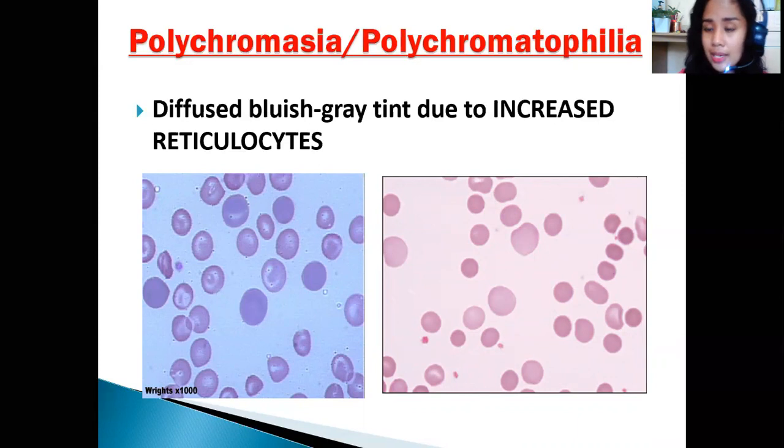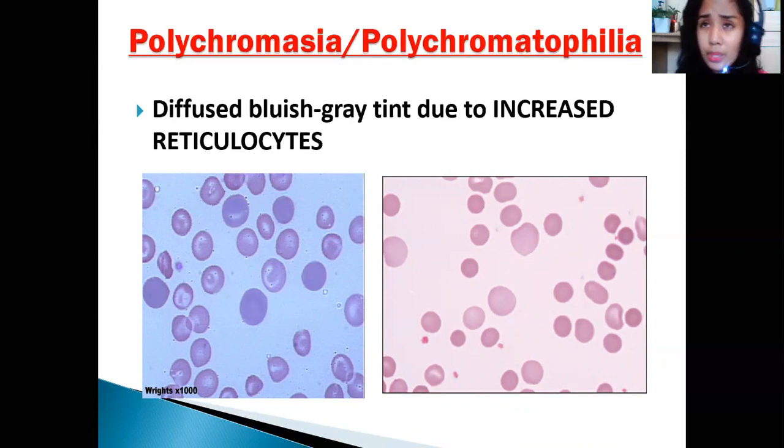Ma'am, when does this happen? Right, in cases wherein there is increased production of your red blood cells. Because of the very fast production of red blood cells, your bone marrow is prematurely releasing reticulocytes. Class, if I'm not mistaken, the normal value of reticulocytes is 1 to 1.5%.